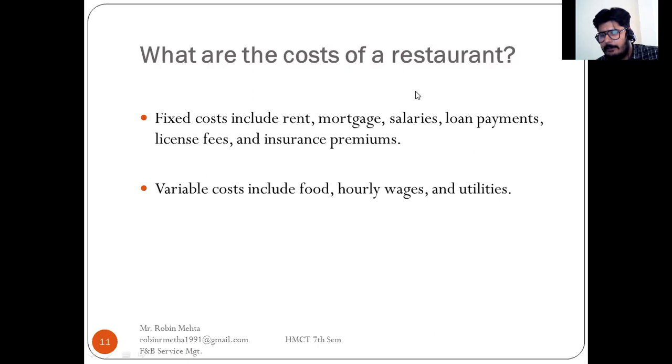Rent, salaries we pay the employees, loan payments if we take the property on a loan basis, or rent if we take it on rental basis. Then the license fee: we have to take a license for whatever food we are providing. If we are running a bar there, again we need a license. Insurance premiums are fixed costs we have to pay.